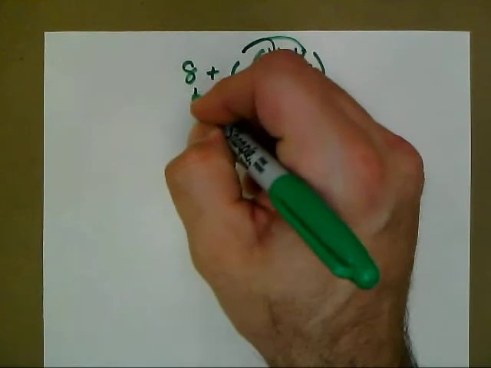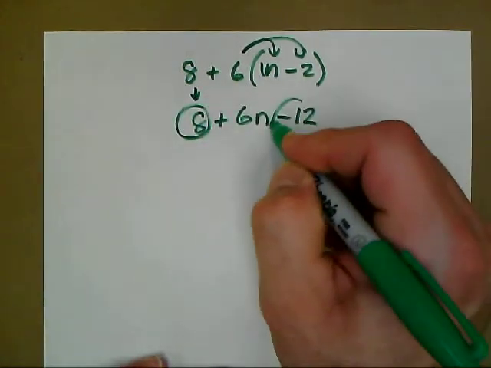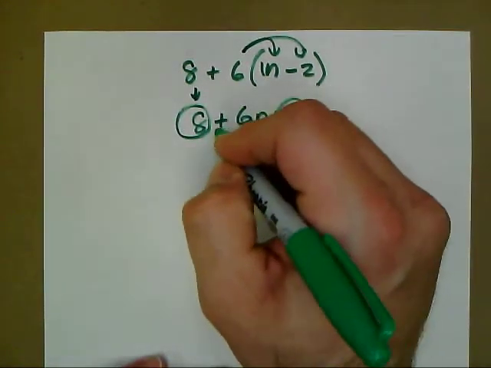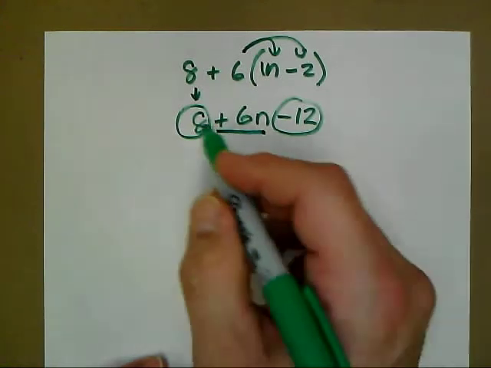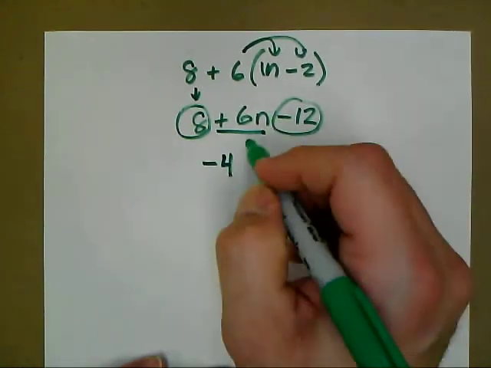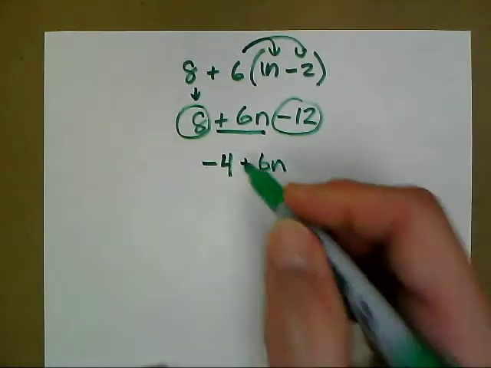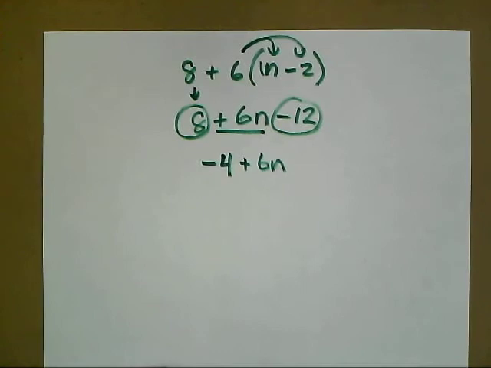We didn't use that, so we're just going to bring that down with the plus because the 6 is positive, so we put a plus there. Now we're going to combine like terms. The 8 and the -12 do not have a variable, so we're going to add those two together, which will give us -4. And we simply bring down the 6n because we have nothing to add it to. And that would be our answer right there.